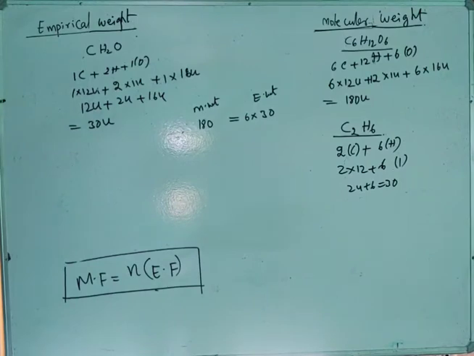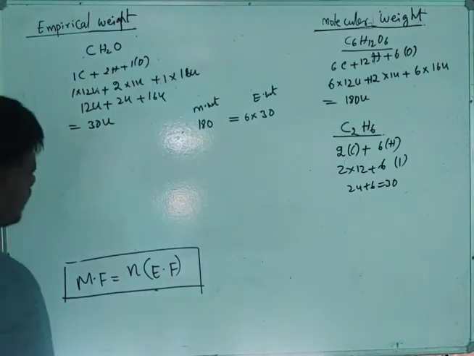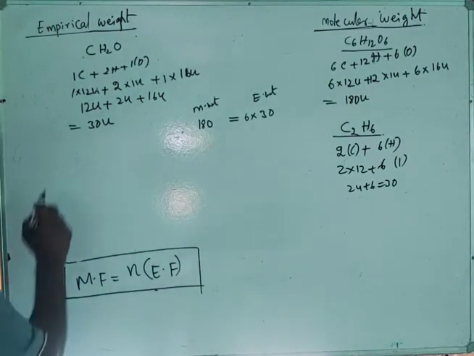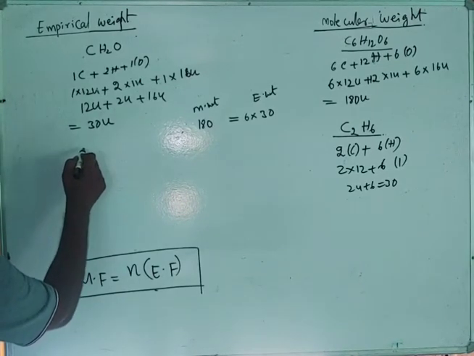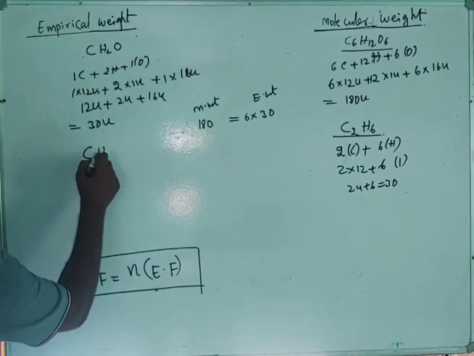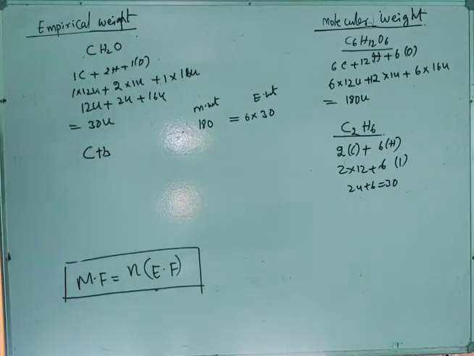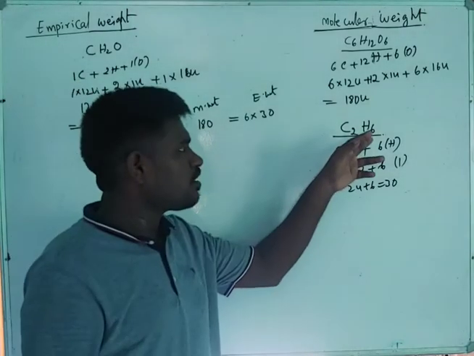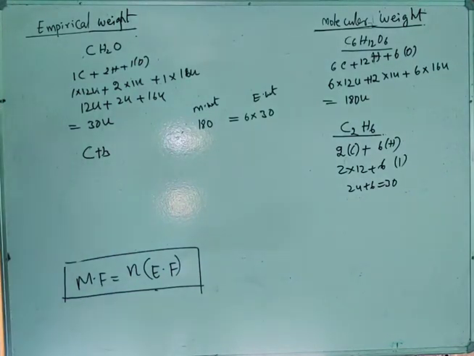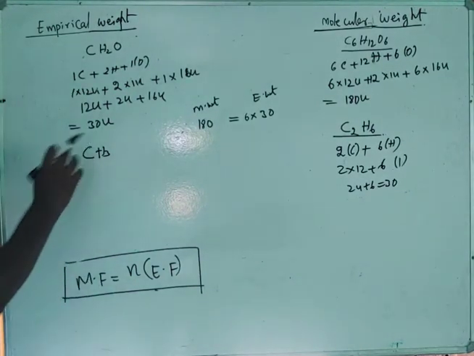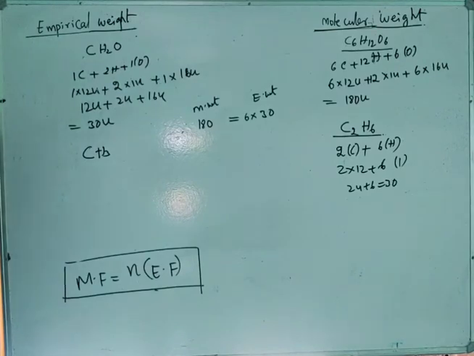And the next one, for the same ethane compound, what about the empirical formula? Empirical formula is CH3. Ethane molecular formula C2H6, ethane empirical formula CH3, because this CH3 is the simplest whole number ratio of atoms.